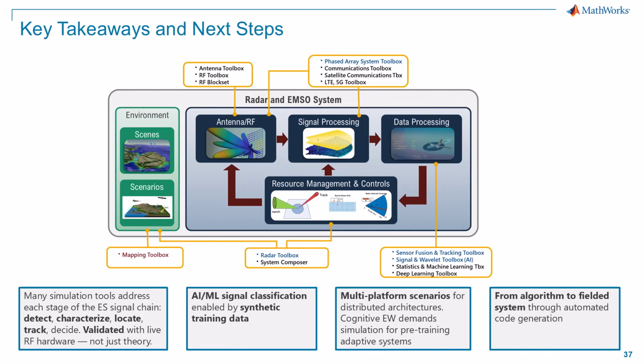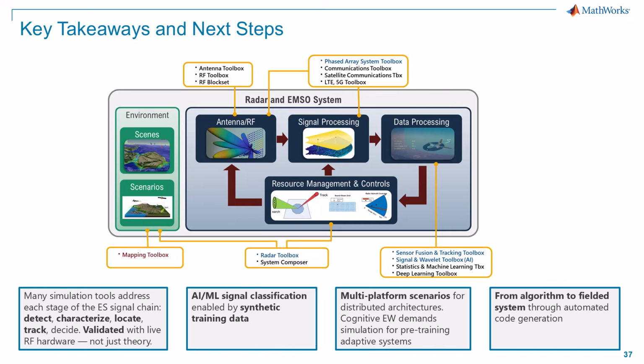Let me bring it all together. This diagram shows the full radar and EMSO system architecture with MathWorks toolboxes mapped to each functional stage. On the left, environment modeling with Mapping Toolbox and our scenario framework: terrain, propagation, platform kinematics. The antenna and RF front end with Antenna Toolbox, RF Toolbox, and RF Blockset.